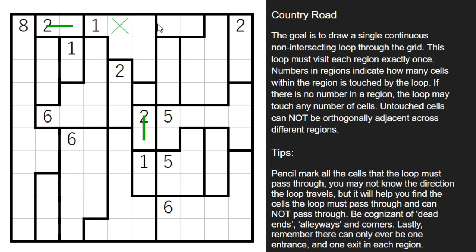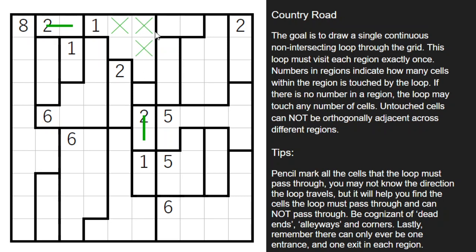If the line were to come in, it would have to escape in such a way that it would touch another cell. So that's no good. And same thing here. You would have to enter or exit that way, and if you enter the region this way, you cannot exit without touching this cell or that cell, and you break the one clue. And so we can X that one out.